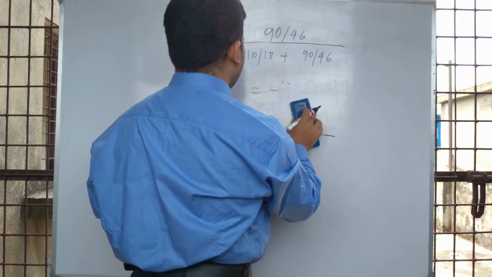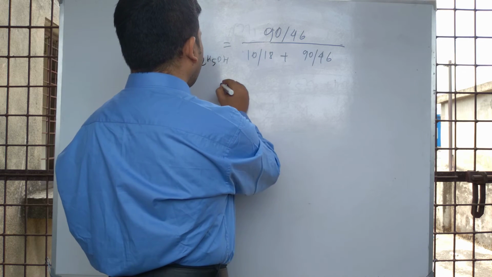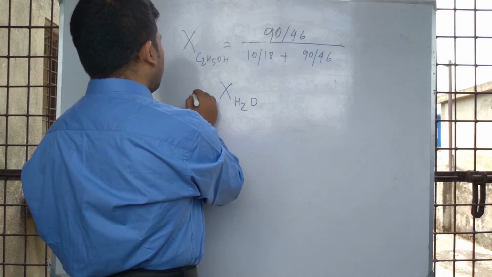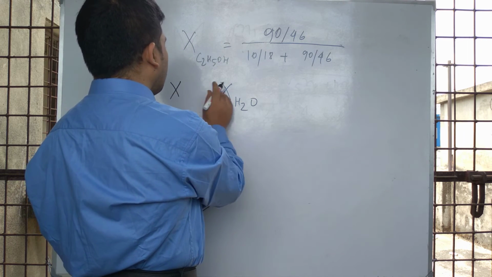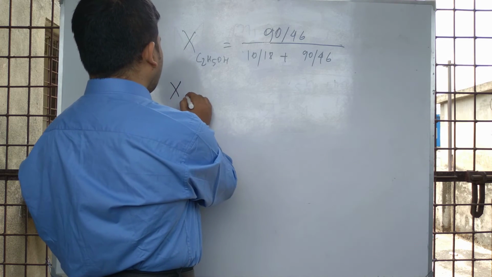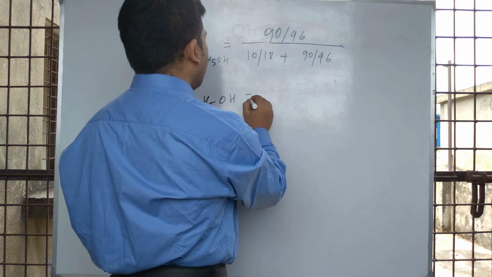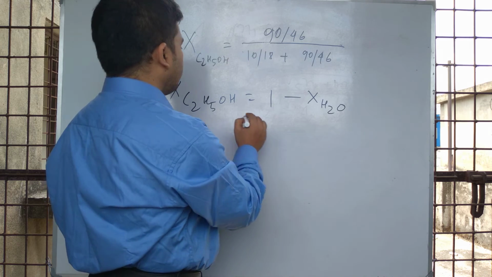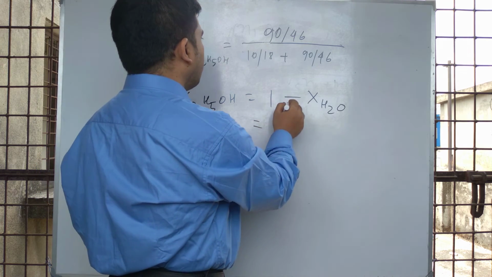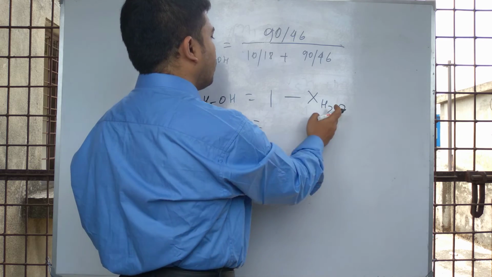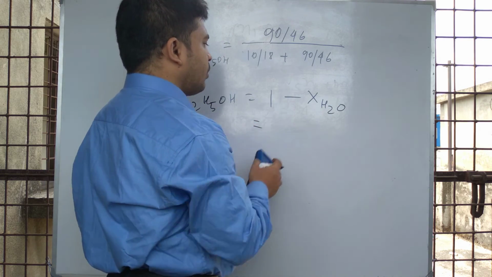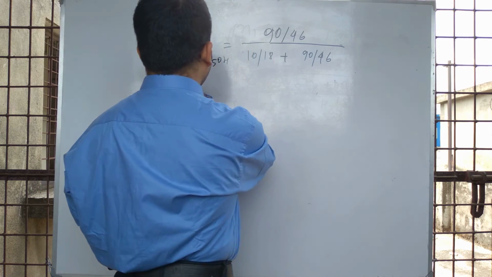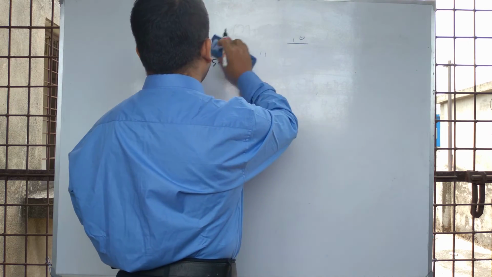One important thing: after calculating the mole fraction of water, we can subtract it from one to get the mole fraction of ethanol, C2H5OH. This is one example of a mole fraction problem.